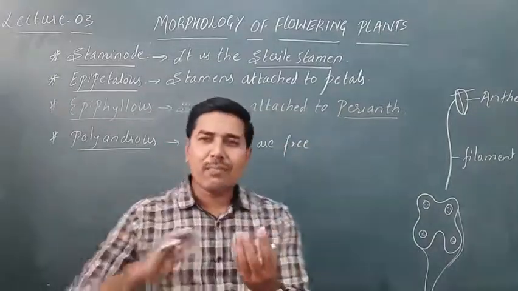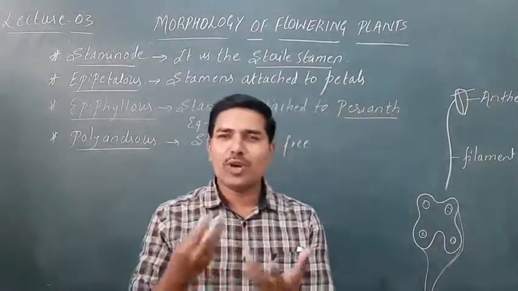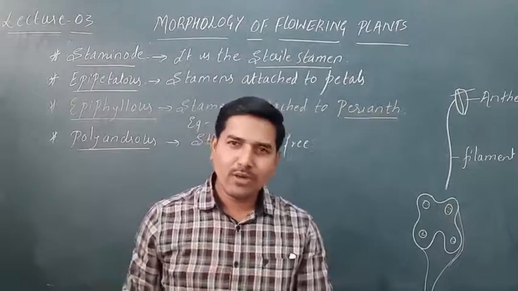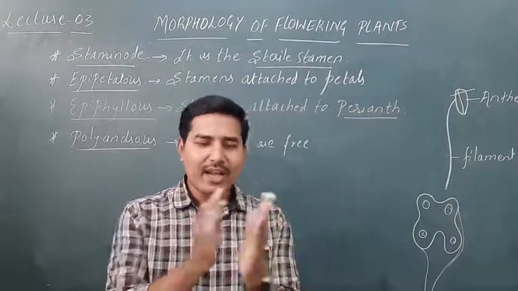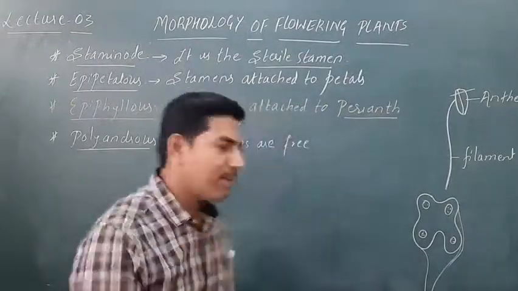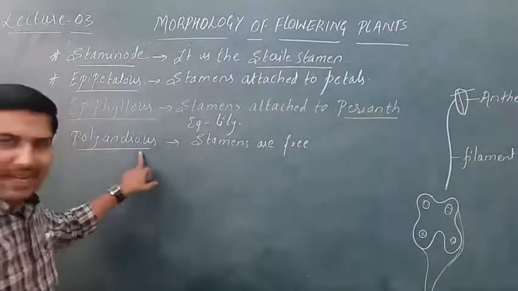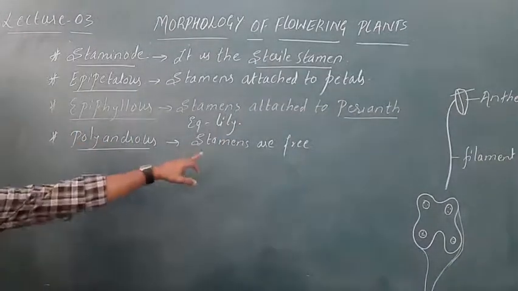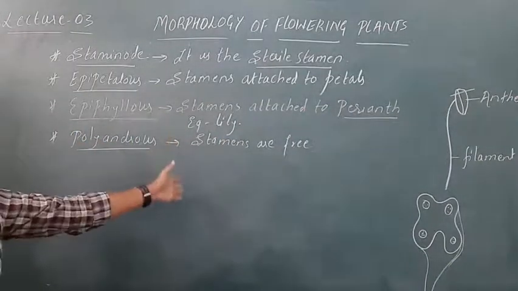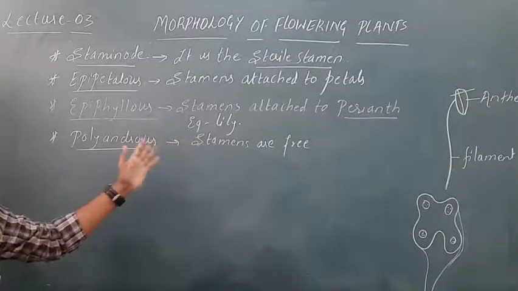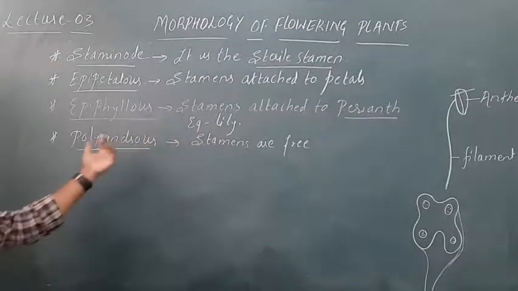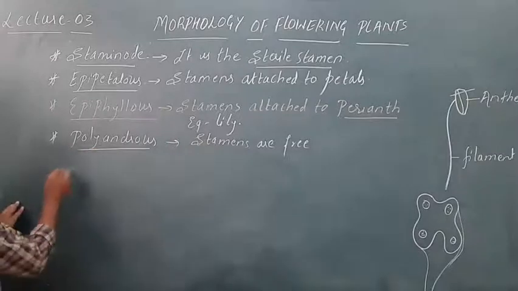Inside a flower there are many stamens, there may be 5, 10, or more. If they are all free and not attached to one another, we use a term for that: we call it polyandrous. Polyandrous means free stamens. If the stamens are free, such a condition is called polyandrous. Okay, then let us go to one more term, called monoadelphous.